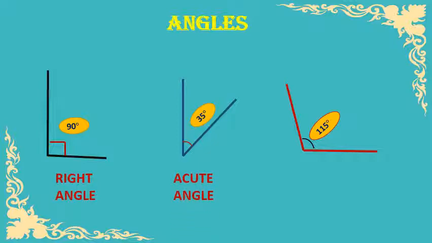This is an acute angle because here the measurement is 35 degree, and the angles between 0 degree to 90 degree are called acute angles. And this is an obtuse angle because it is between 90 degree to 180 degree. Then we call that angle an obtuse angle.